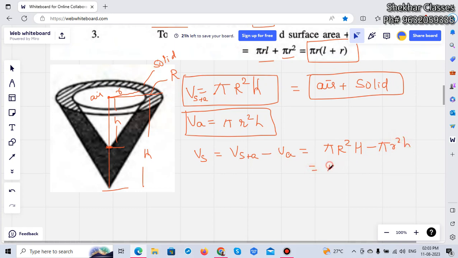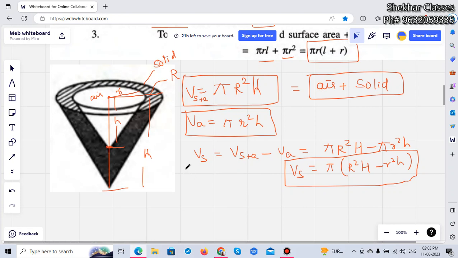What is common in it? Only pi is common. R square H minus r square h, and you will get the volume of solid in it. Fine. Remember, you have to apply common sense only. You may make notes of all of these, but understanding is more important.